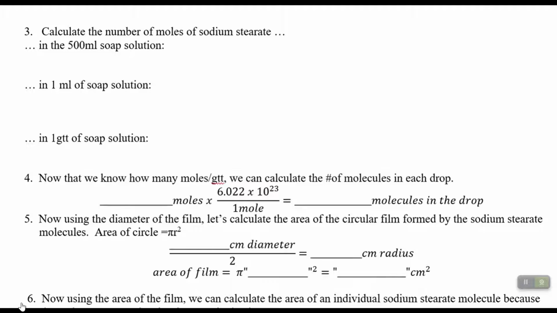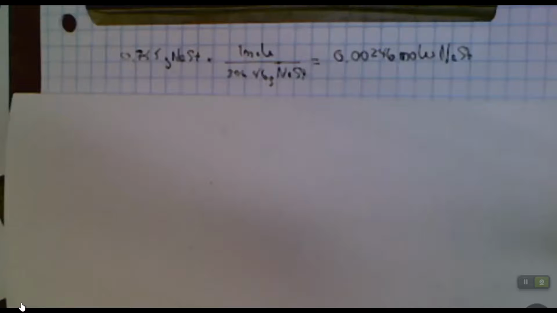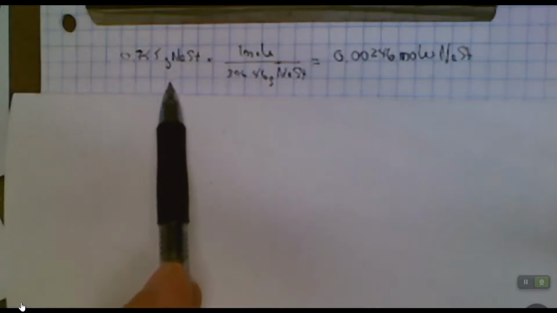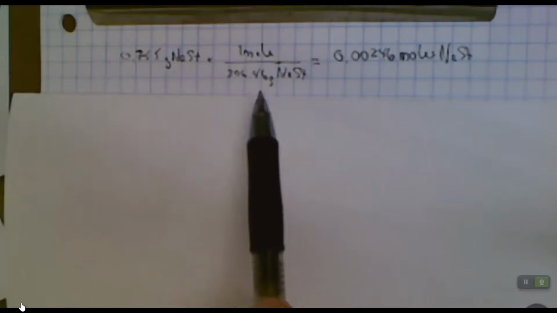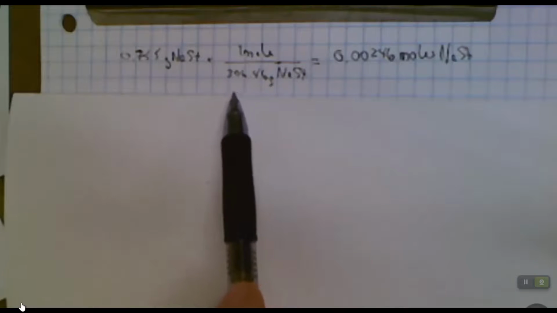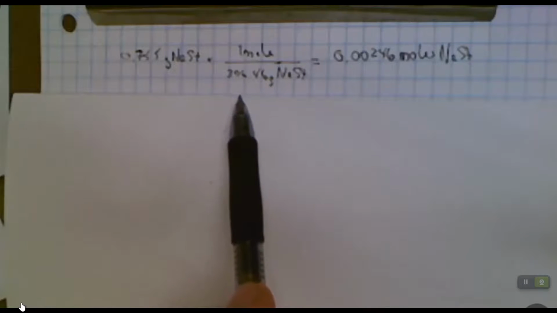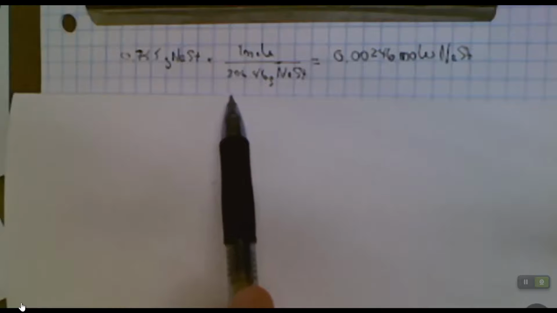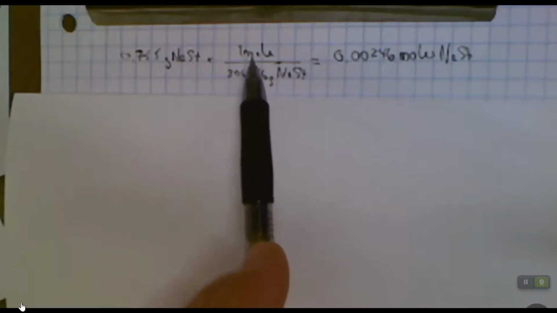All right, now we're going to put our tools to work. We're going to calculate the number of moles of sodium stearate that we added to the 500 ml volumetric flask. And to do that, we will do this. We started with 0.755 grams of sodium stearate, and our molecular mass of sodium stearate is 306.46 grams per mole.